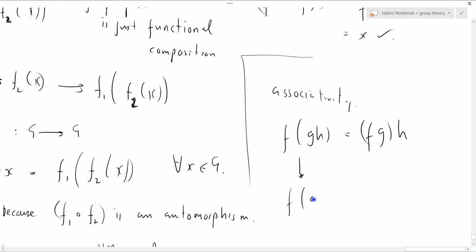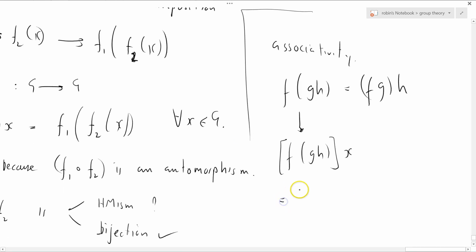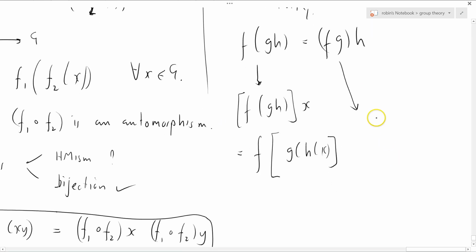They take f of gh, that function there of x, equals f of g of h of x. And what does this one do? Let's have a look at this one. That says (fg)h of x. What does that do?